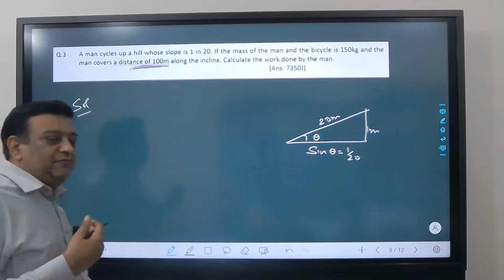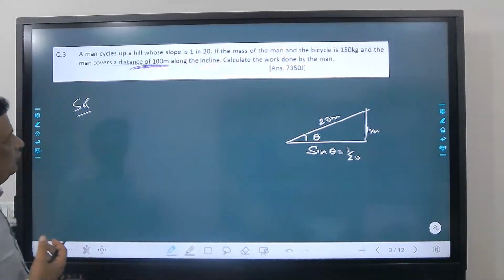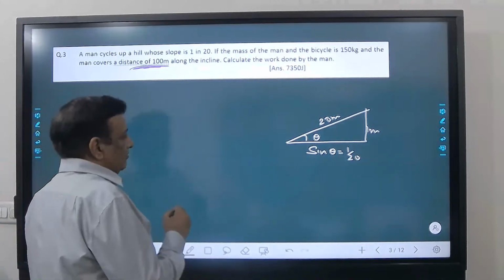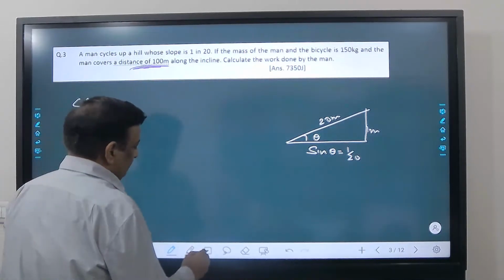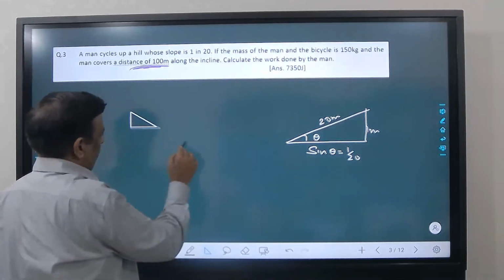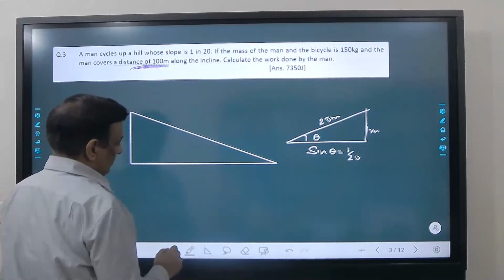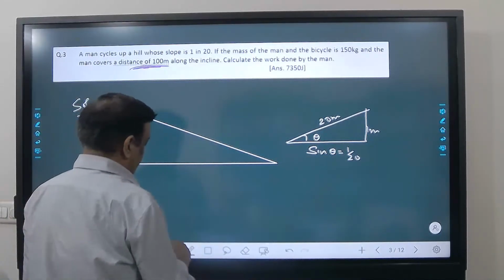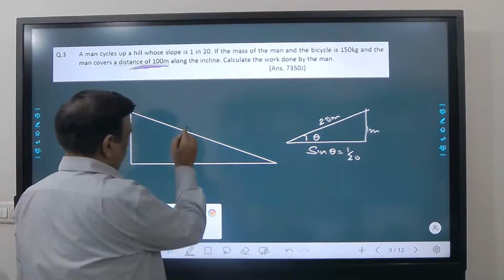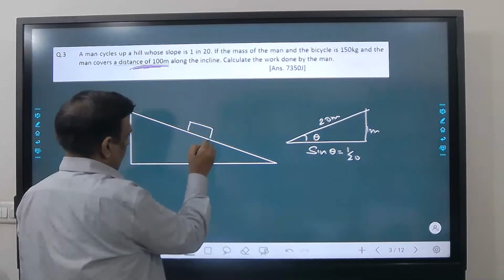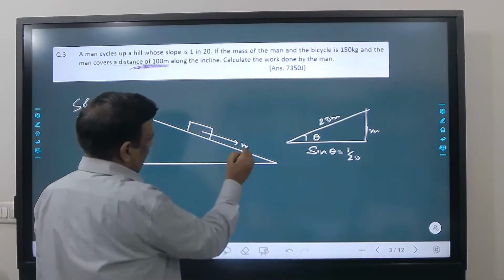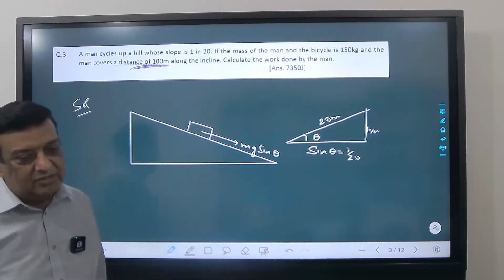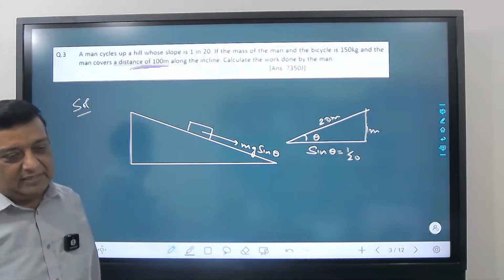If man has to move upward, he has to do work against this force mg sin theta. Because अगर मैं free body diagram बनाता हूँ, से जो force एक करेगी, इस direction में it is mg sin theta, where m is the combined mass of man and the bicycle.